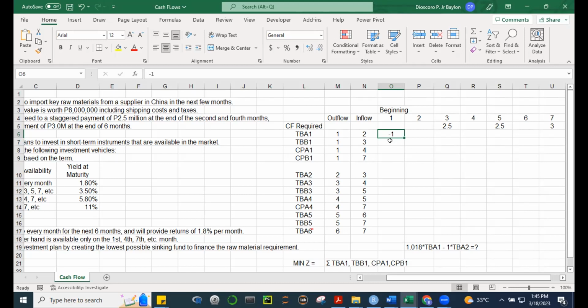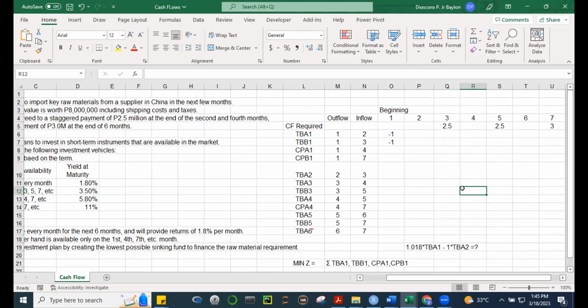Okay, so what will be the factor for TBB1? It will be the same thing, -1 also. Why -1? Anyone, please? Still outflow. Yes, outflow. And then if you multiply that with whatever TBB1 is, then you'll get that investment, right?